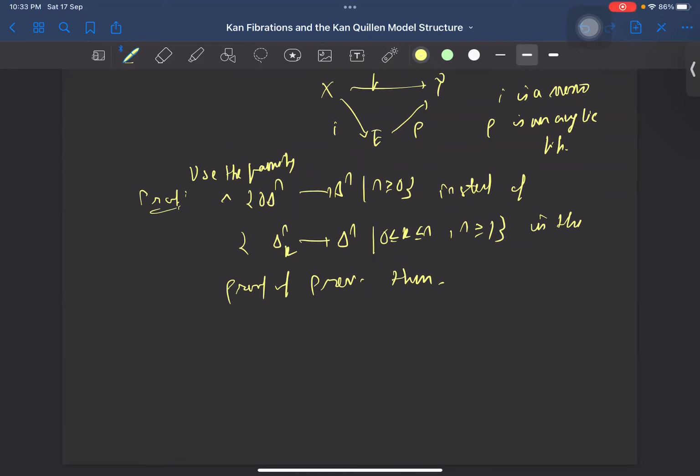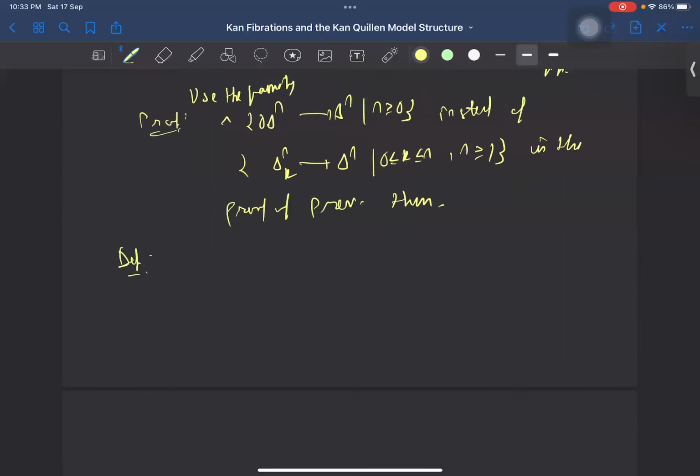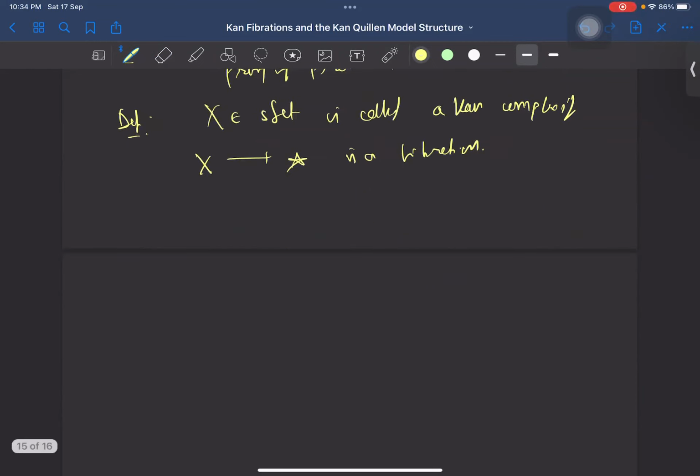Now I'll give a definition of a Kan complex using whatever we have done so far. A simplicial set X is called a Kan complex if the map from it to the terminal object is a fibration. Historically, it's worth mentioning that Kan complexes were originally defined in the cubical setting.